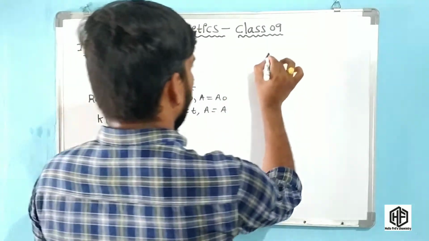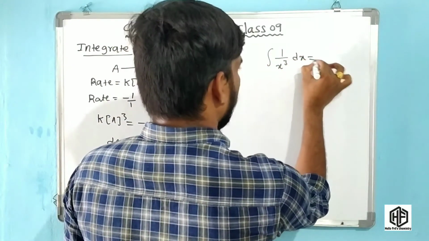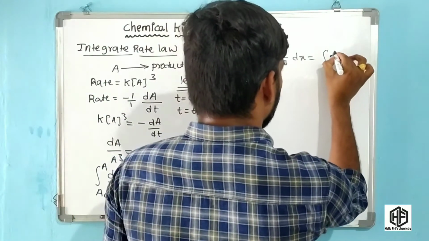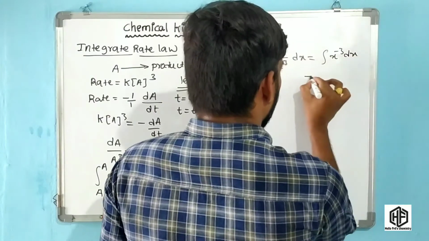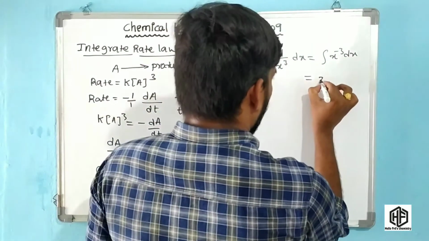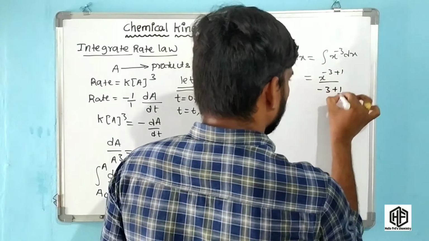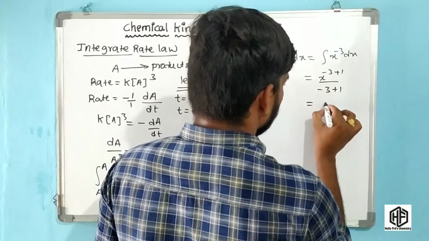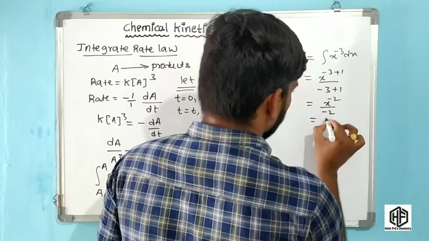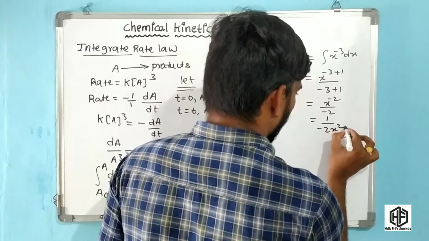The integration of 1 by x cube dx is the integration of x power of minus 3 dx. This is x power of minus 3 plus 1 by minus 3 plus 1, which is x power of minus 2 by minus 2, that is 1 by minus 2x square.